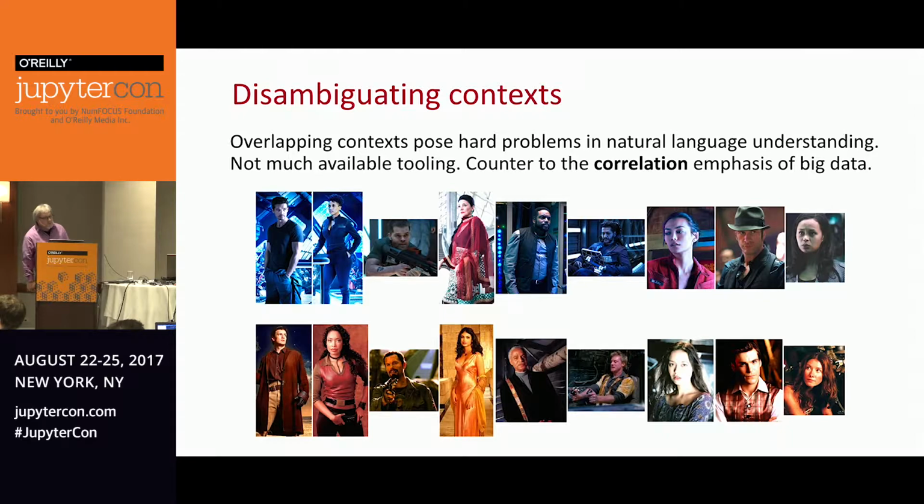It also runs counter to this big wave of correlation that you see in big data, right? We're looking for patterns, and if the patterns can all be generalized, great. And then we find out that that's actually the problem that's biting us, that having too much correlation is a bad thing. And just for kicks, I did some correlation here between Firefly and The Expanse. I don't know, that's just my view of the world, but we'll see.